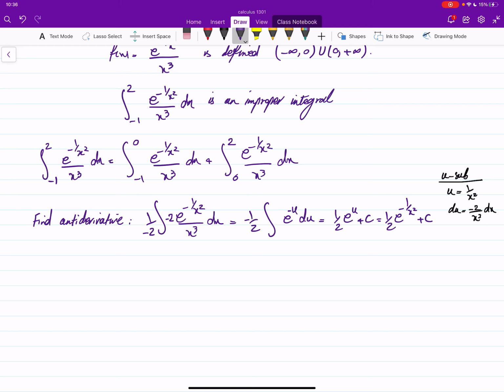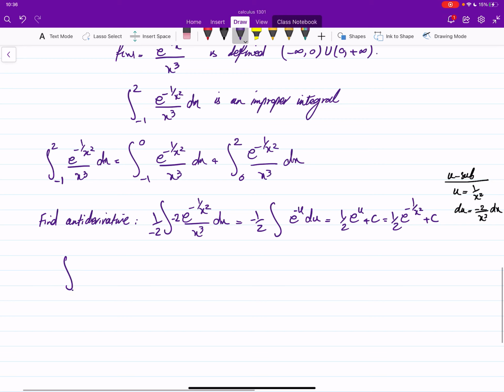Why did I find that? Because when you try to find the integral from negative 1 to 0, what we do is we first turn it to a limit of an integral, the limit as t goes to 0 from the left, 0 minus.